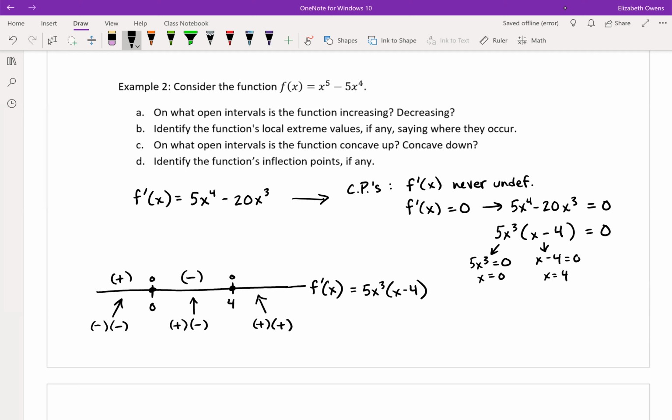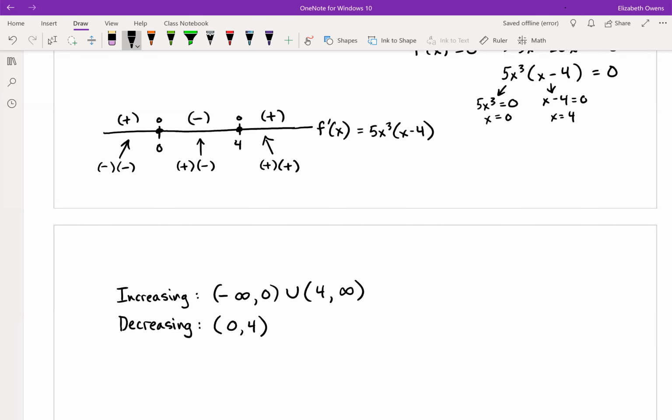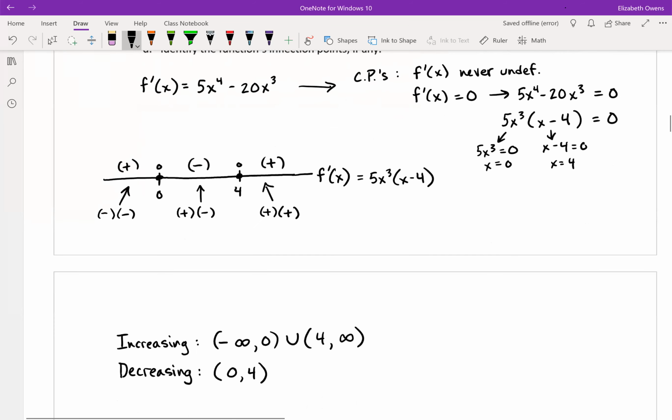Okay, so there's where the function is increasing, and then decreasing is just going to be the interval in between those, right here in the middle where the derivative is negative. And so that would be from 0 to 4. Okay, so that takes care of part A for us. We've identified where the function is increasing and where it's decreasing.